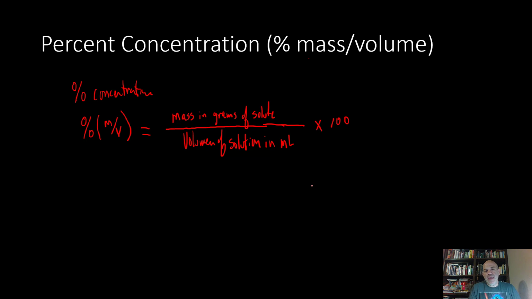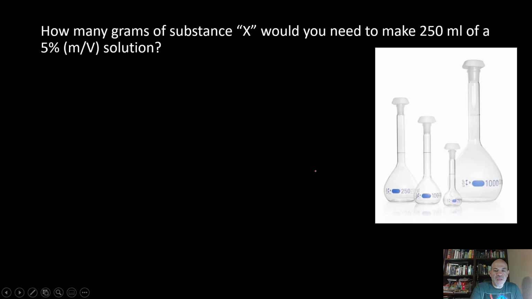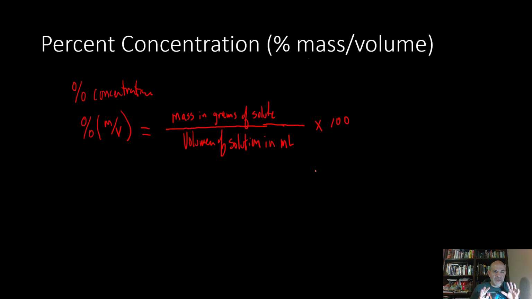Okay. And so the simplest way to think about this is if you were going to make a solution of a certain concentration, and you were going to use 100 milliliters, that would be easy, because when you think about it, if you're going to make it per 100 milliliters, that's percent. Every percent is related to 100, right, or hundredths.